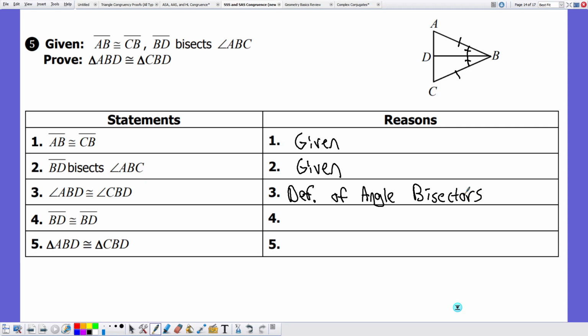Then we have that good old BD is congruent to BD, the reflexive property. Which means that, well, we have a pair of congruent sides, congruent angles, and congruent sides.